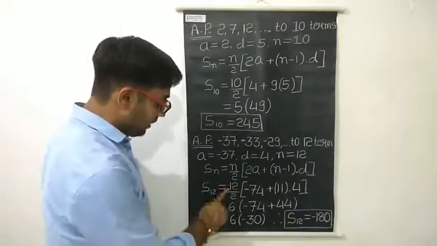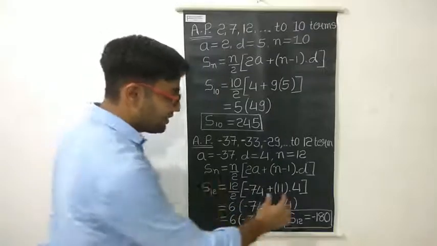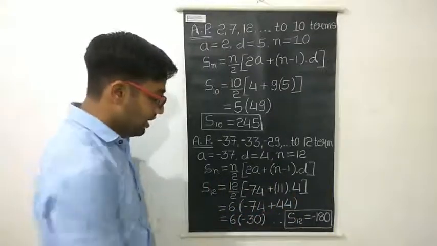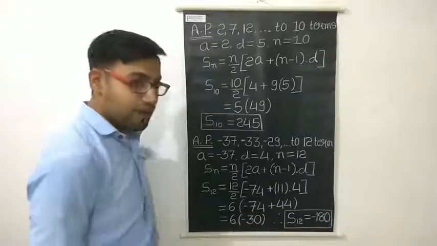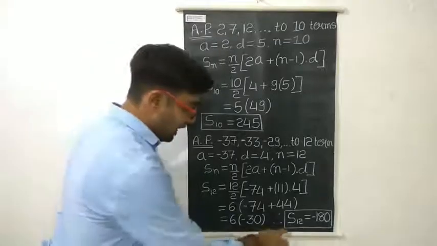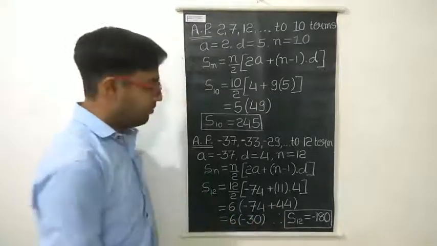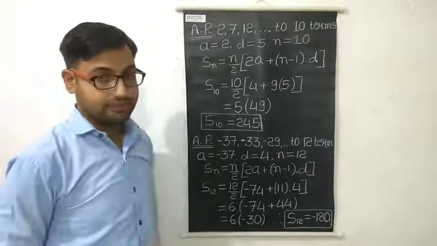Here 12 upon 2 is 6, minus 74 as it is, 11 fours are 44. By adding this, we get minus 30. 6 into minus 30 is minus 180. So the addition of the first 12 terms of this AP is minus 180.